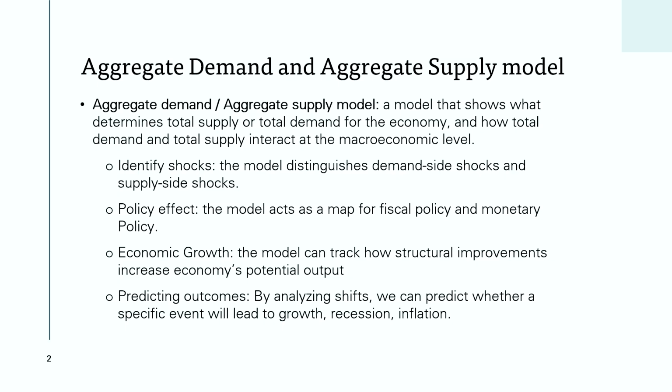The aggregate demand and aggregate supply model shows how changes in technology, labor, or capital push the economy's potential output outward. Fourth, predicting outcomes. By analyzing curve shifts, we can predict whether an event will lead to growth, recession, or inflation. This model is the foundation for understanding the entire macroeconomy.